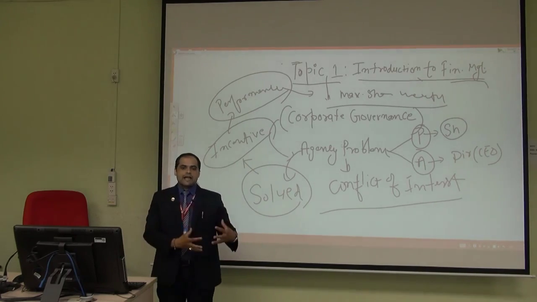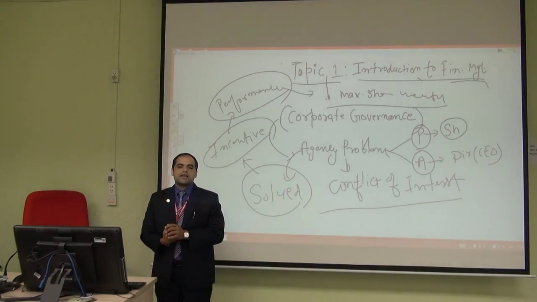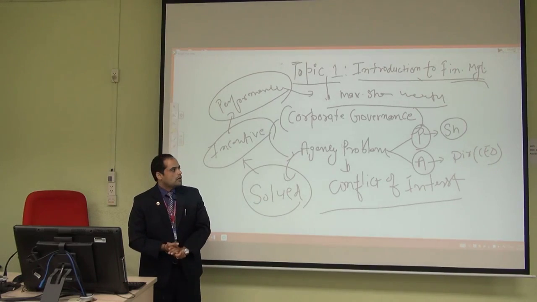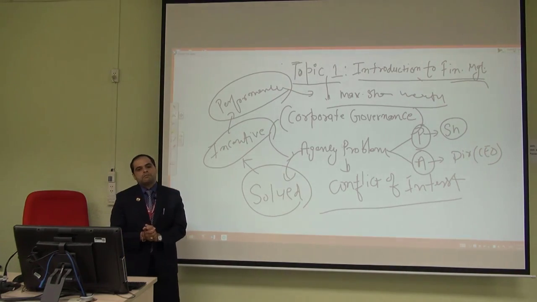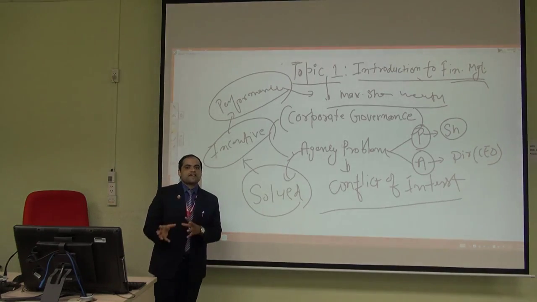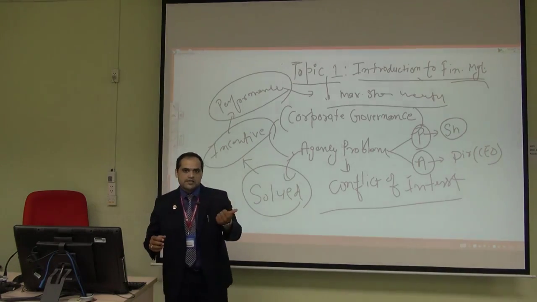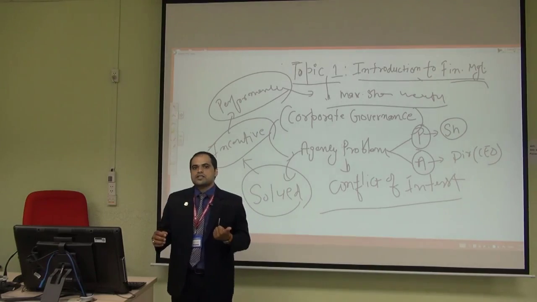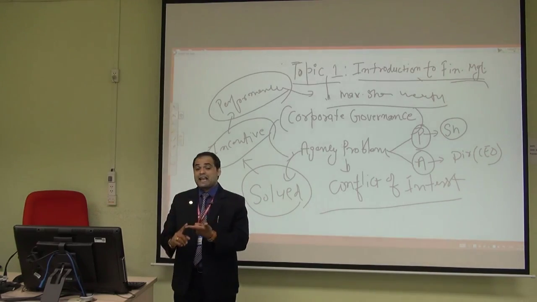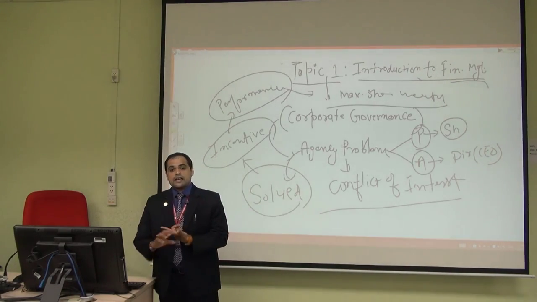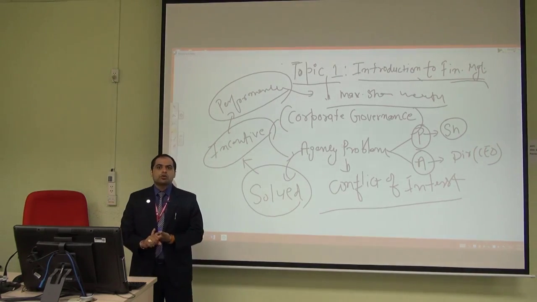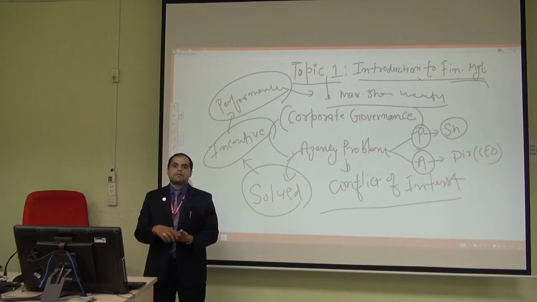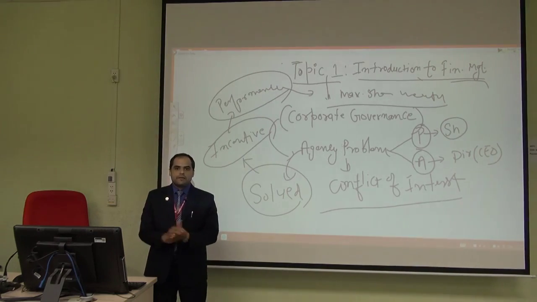And next, we talked about the decisions that financial managers need to make: investing decisions and financing decisions. Investing decisions, of course, include assets, and financing decisions include total liability, current liability, and fixed liability.